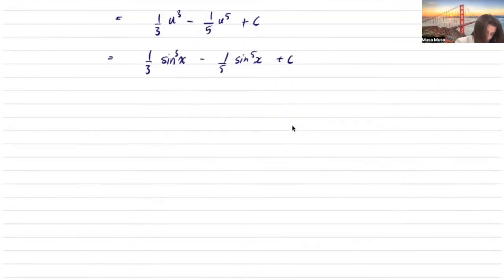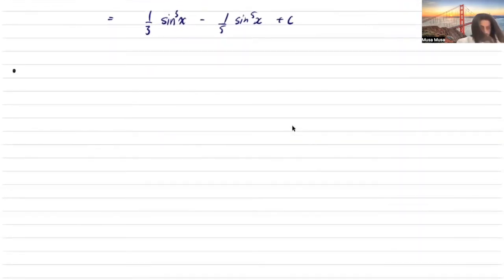Okay. I'll get you to do a few questions. Now, they might be of the form from before, it might be of a bit of a different form, but we shall see. So let's say I had the integral of sine to the 5x times cos to the 4x dx. Okay, have a go at this.